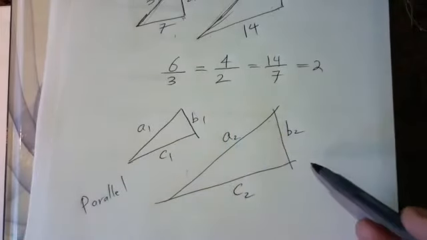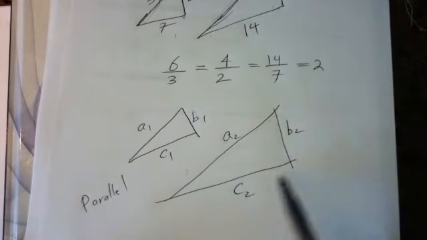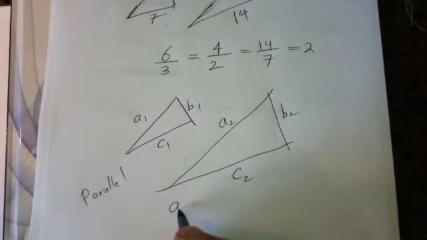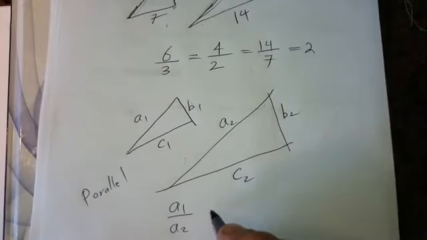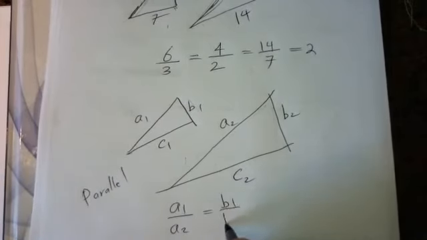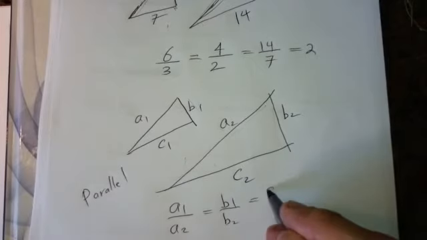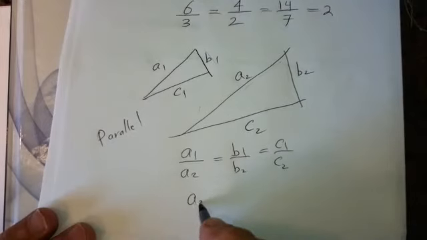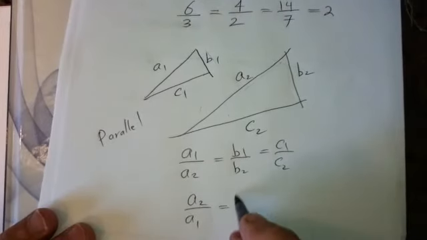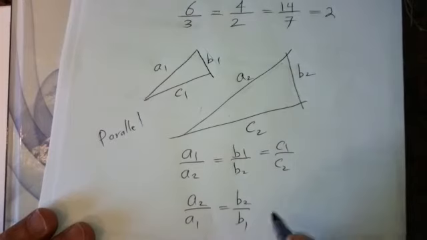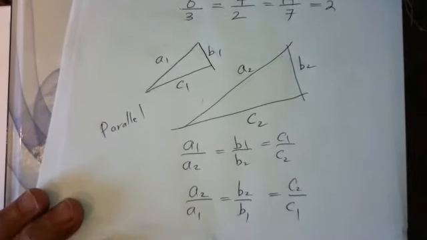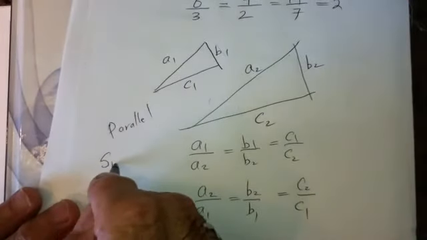B1 and B2 are similar sides, and C1 and C2 are similar sides. So we always have this relation that A1 over A2 is B1 over B2 is C1 over C2, or vice versa. We have A2 over A1 is B2 over B1 and C2 over C1. This is for similar triangles, they call it.